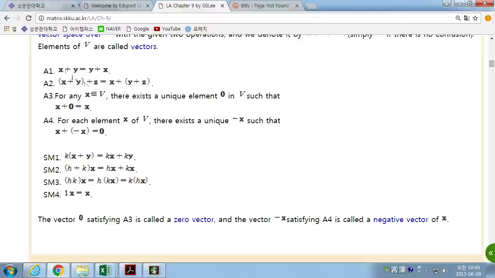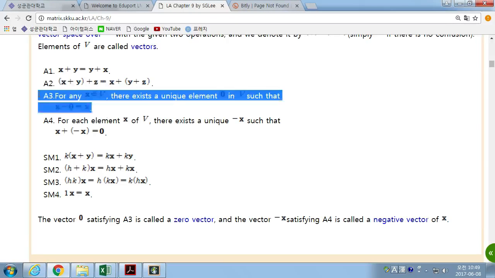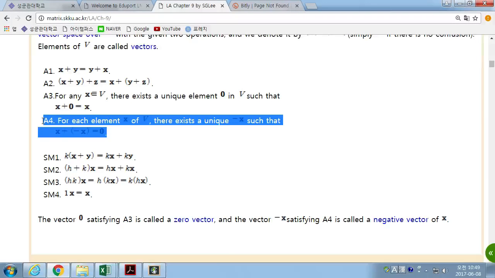These 8 properties are this. First, commutative on vector addition, associative on vector addition. It has a 0 vector in it, and it has negative vectors in it.